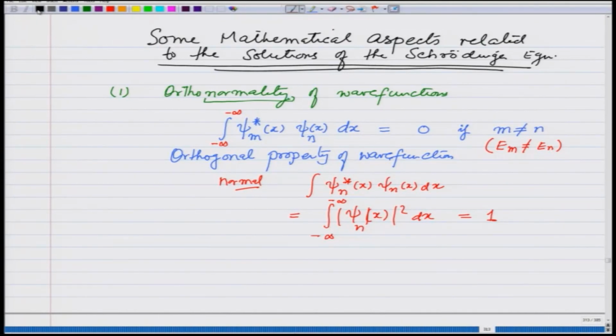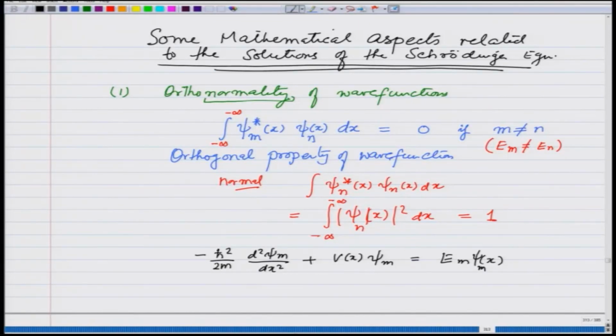To prove this, let us take the Schrodinger equation: minus h cross squared over 2m d2 psi m over dx squared plus V x psi m is equal to E m psi m x.